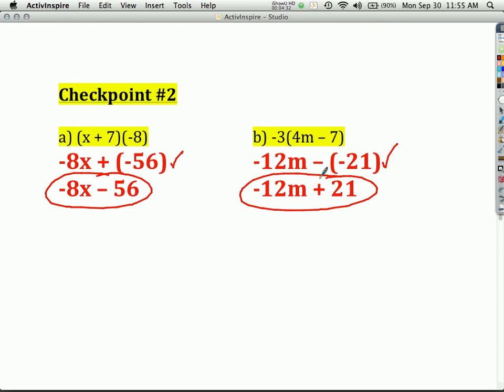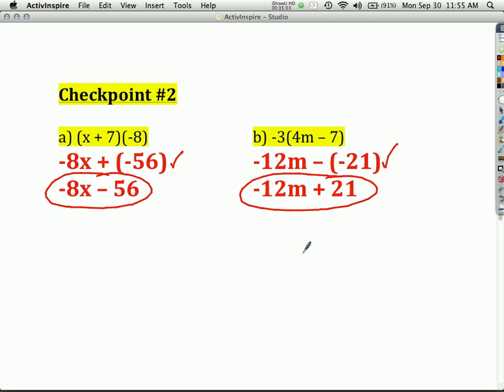Now, Christian, the reason you got 33m was because you did a step that you're not allowed to do, which is you then added this and this. And you're not allowed to. Okay? I didn't explain why you're not allowed to yet. But I'm just telling you for now, you're not allowed to do that. You cannot add, when there's a term that has a letter and another one that does not have a letter, you cannot add them together.